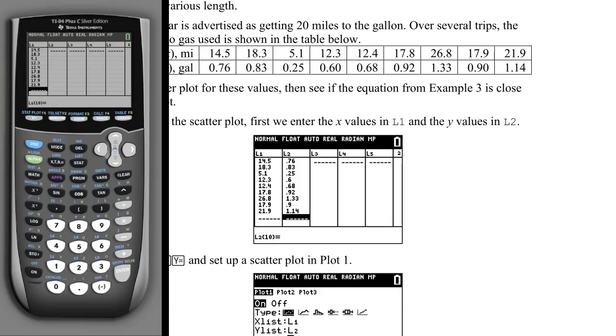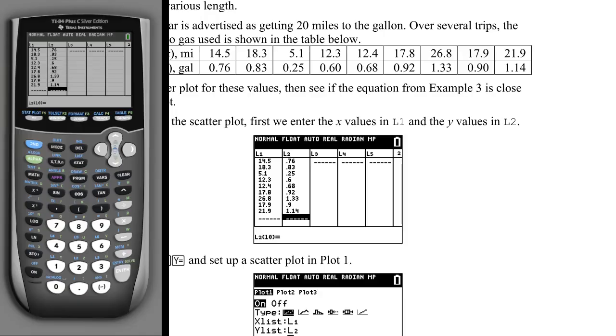So those represent distances. We'll enter the Y values in L2. Those represent amounts of gas. We'll give this a quick proofread. And then we're going to make a scatter plot.